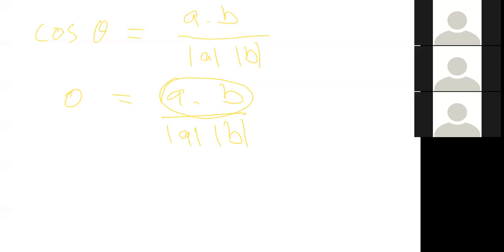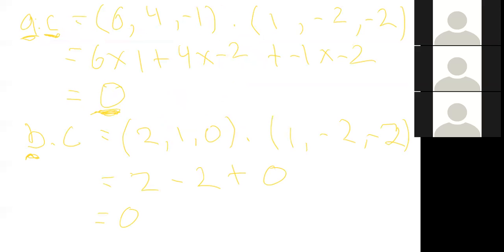Because it can't be dividing by 0. That doesn't work. So this has to be equal to 0. So that's what we've proved with what we've done here. If you don't get the 0, you've done something wrong somewhere, either in calculating your cross product or in doing the dot product calculation.